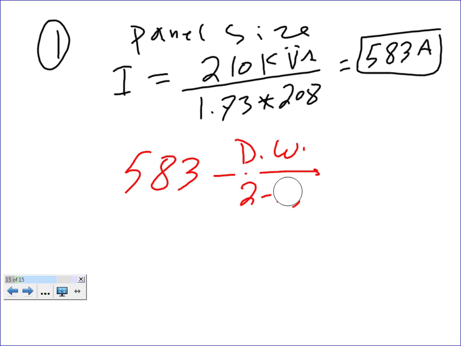I have enough in 12 too. 12. Camille, what would be the size? 583. The next standard is either 400 or 600. In a case like this, look at that. See how high it is. I can easily go to 600.